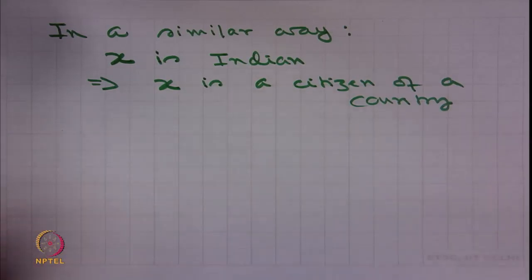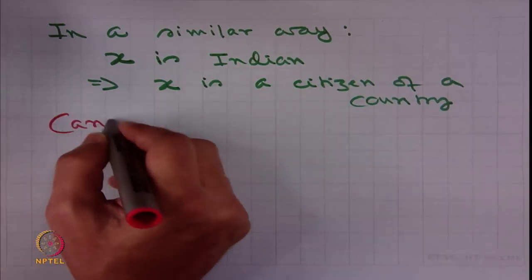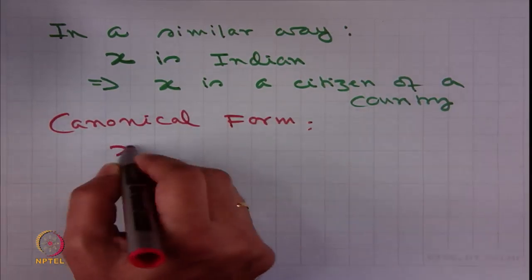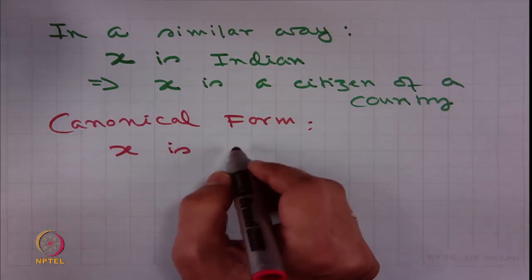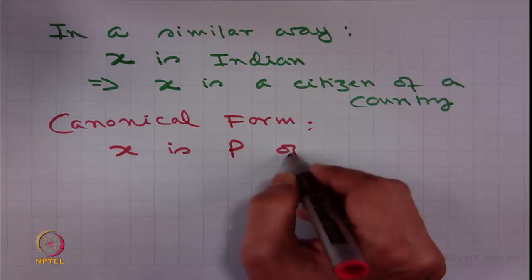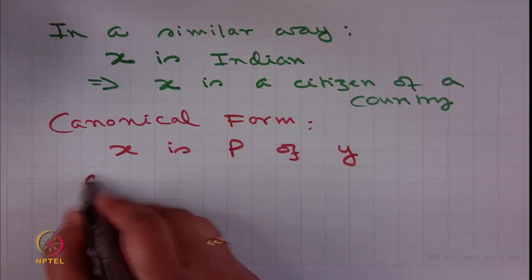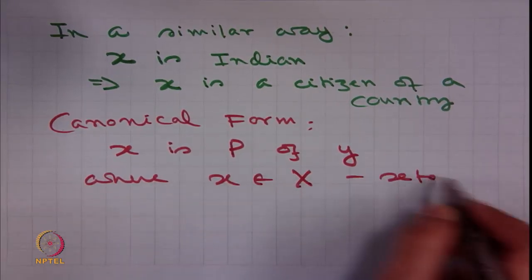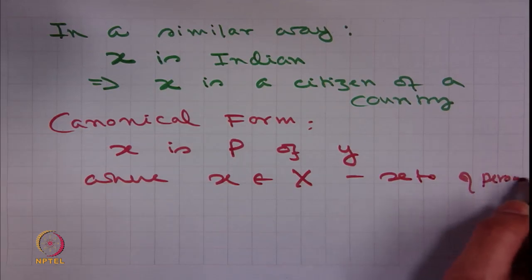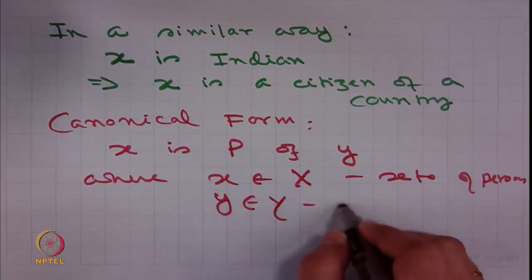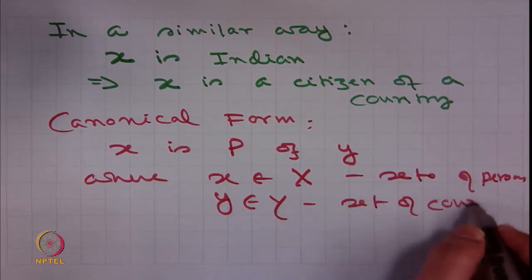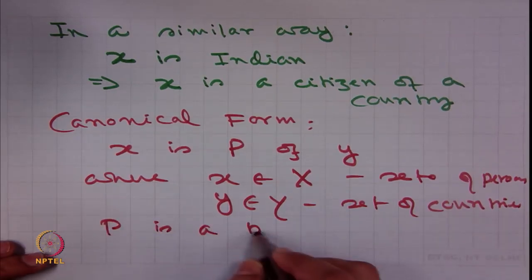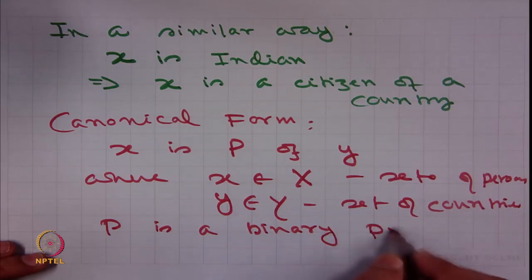Therefore, the canonical form may be x is p of y, where x belongs to X set of persons, y belonging to Y set of countries, and p is a binary proposition.